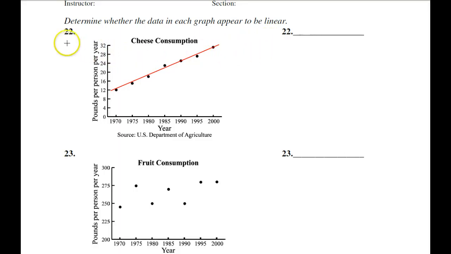So we would say that number 22, this data is linear. Now, when you look at 23 and you start to look at the data and you start doing the line, does this data seem to be linear? And the answer is no.